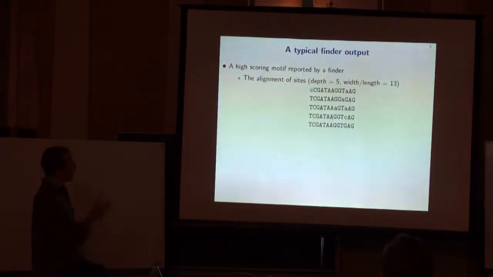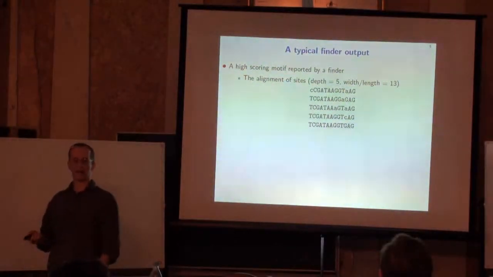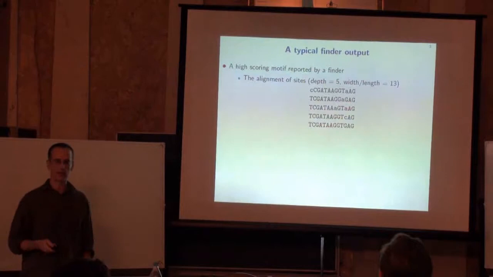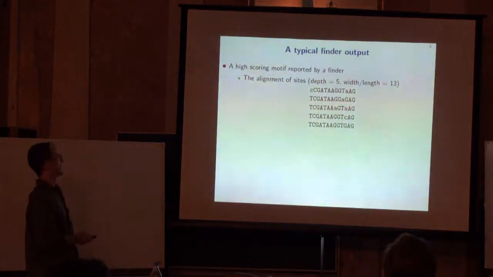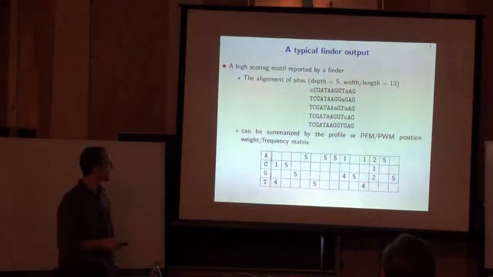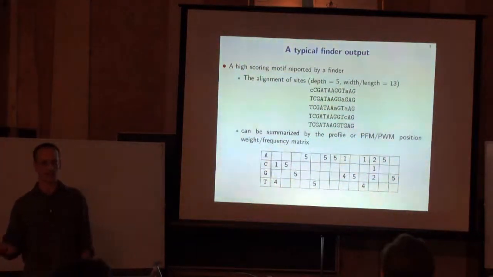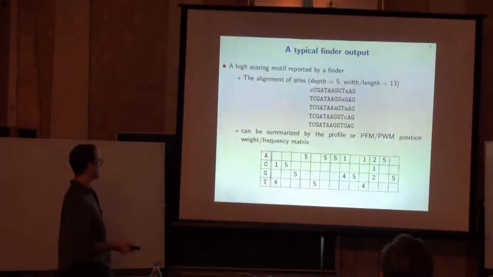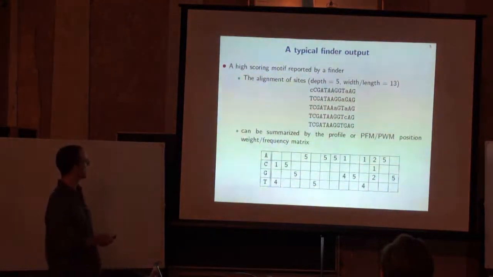This alignment gives you all you need to know about the motif, but sometimes all you need to know is too much, so we look for a way to summarize the information. One common way to summarize it is by looking at the so-called profile, or PWM, position weight matrix, or position frequency matrix. What this gives you is simply a statistical summary of the alignment.